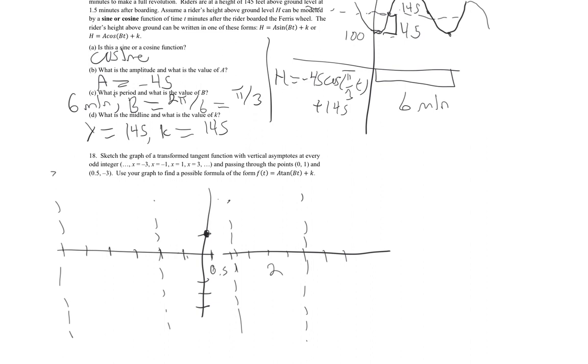I might try and fix that one more time. Okay. This is 0.5, negative 3. This is 0, negative 1. So it comes down, very smooth. Okay, that's a little bit better. I'll leave that up. So it's something like that for all of these. And obviously it's periodic, so it's going to repeat.